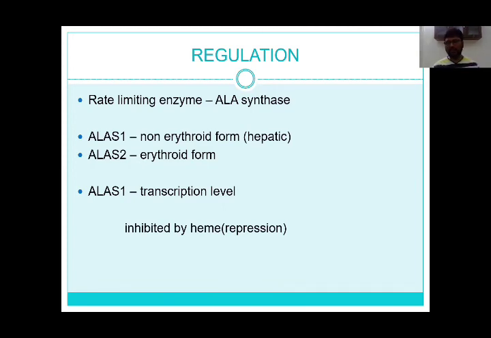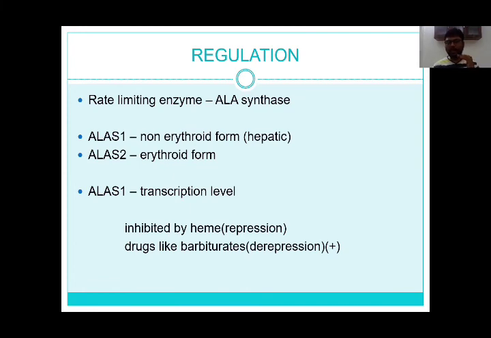But when you are taking drugs like barbiturates, which need heme for detoxification, this repression by heme will be reversed, which is called de-repression, meaning increased transcription and translation of the ALAS1 enzyme.